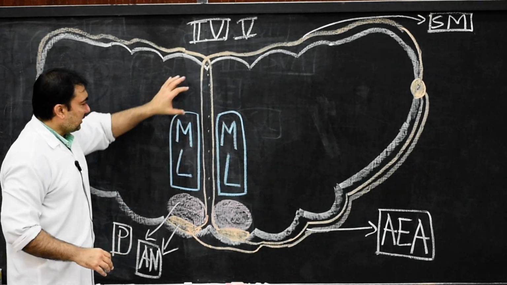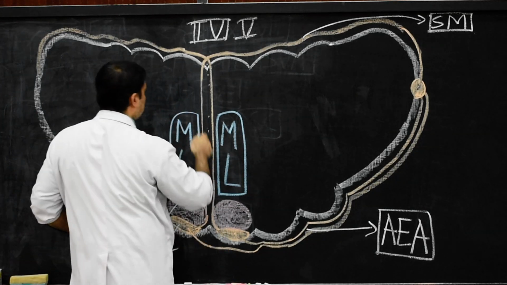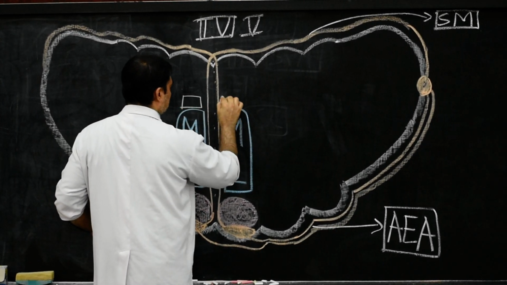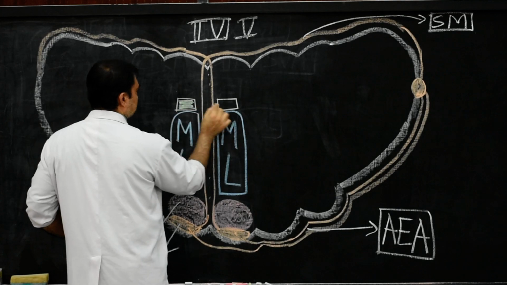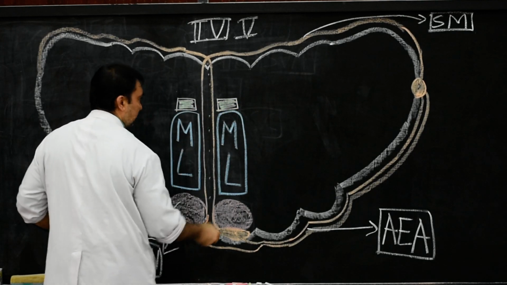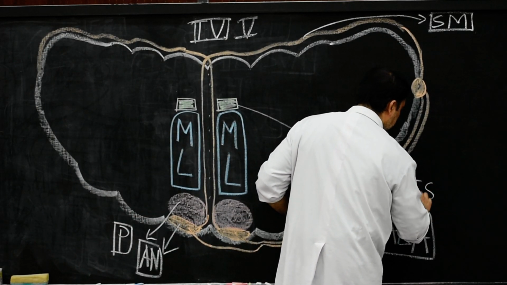Once again, dorsal to the medial lemniscus, we come across two small structures which are known as the tectospinal tract. So this will become the tectospinal tract. Once again, we have to show here the tectospinal tract.